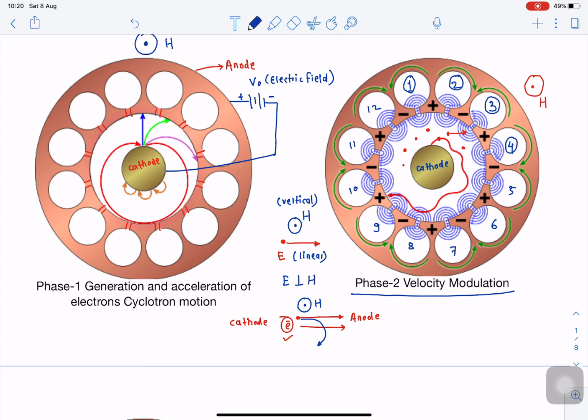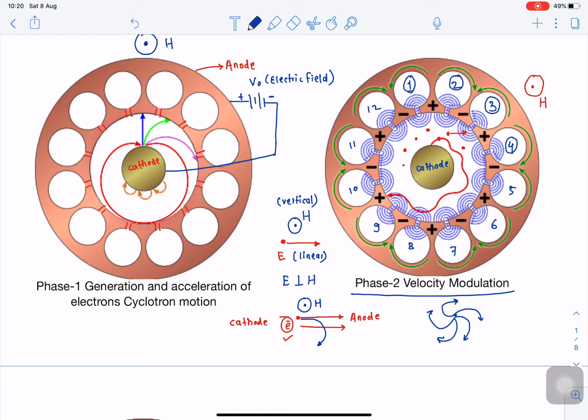So instead of reaching the anode, the path of the electron will be curved. The electron will travel in a curved path rather than a straight line path. For example, the electrons will move in this way when they are released from the cathode.